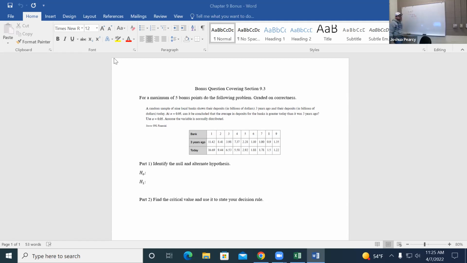We are saying that the deposits are going to be greater today than what they were 3 years ago. So that means this number here is going to be smaller than this one here. So when I take the mean difference, it'll be less than 0, or you can write that as mu d less than 0, or mu1 minus mu2 is less than 0. I'd write this one though.